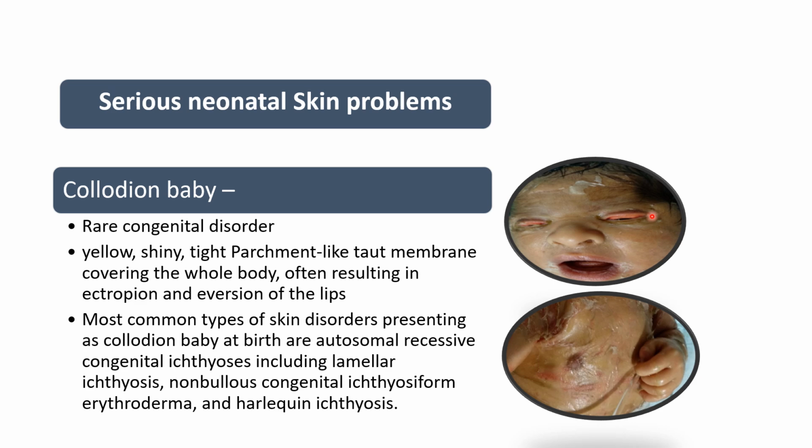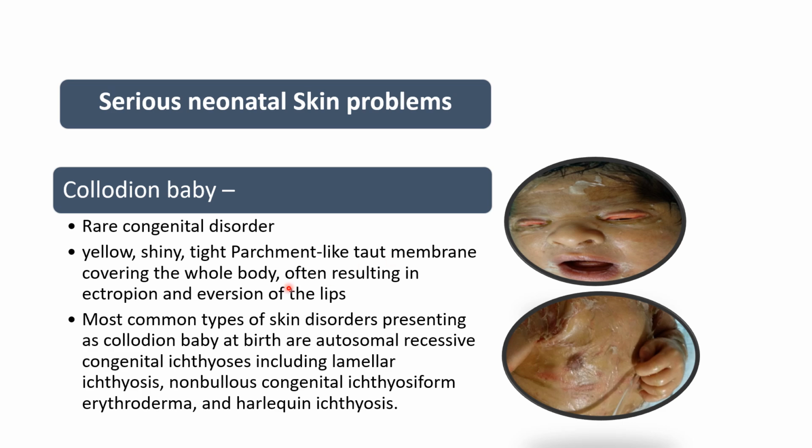Now another serious neonatal skin problem is collodion babies. It is also a rare congenital condition. In this you can see, over the whole body, over the face, trunk and limbs, the baby is having a white, yellow, shiny, tight, parchment-like, taut membrane which covers the whole body, and also having ectropion and eclabium, eversion of the lips and eyes.